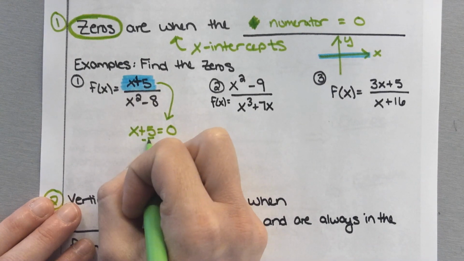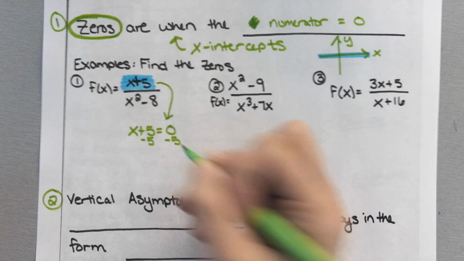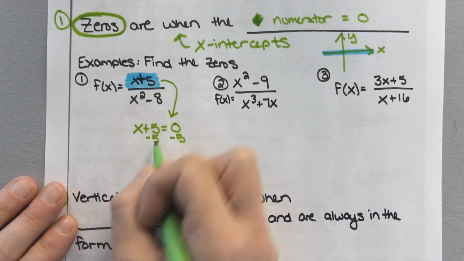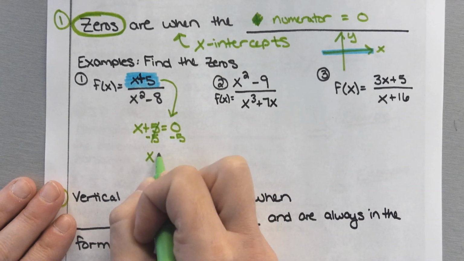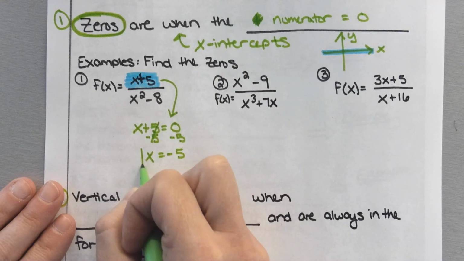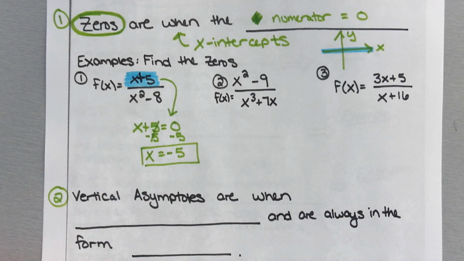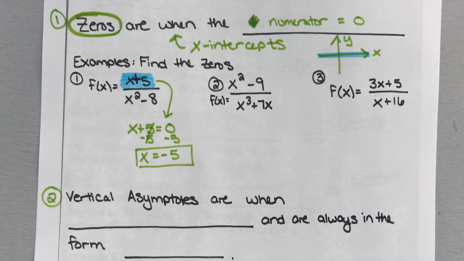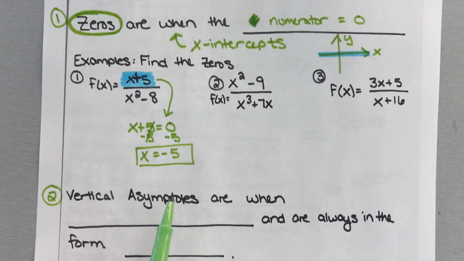And again, we can just look at that one and eyeball it, but we can also go through the solving process and say, let's subtract 5 from both sides. So this is my 0. This is also my x-intercept, because they're the same thing. So we can think of it as a 0 of the function or x-intercept.